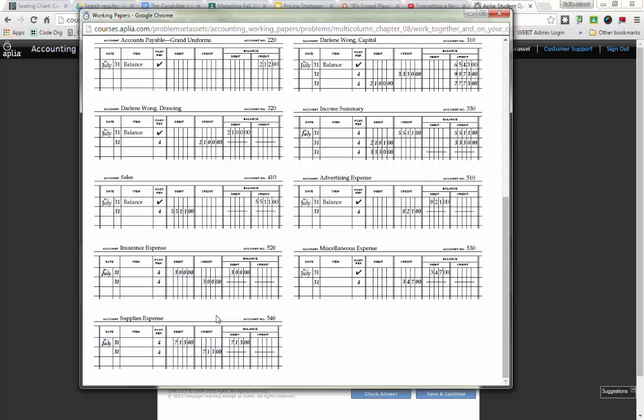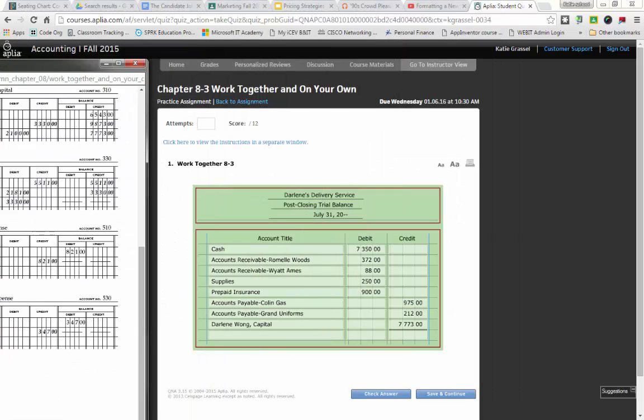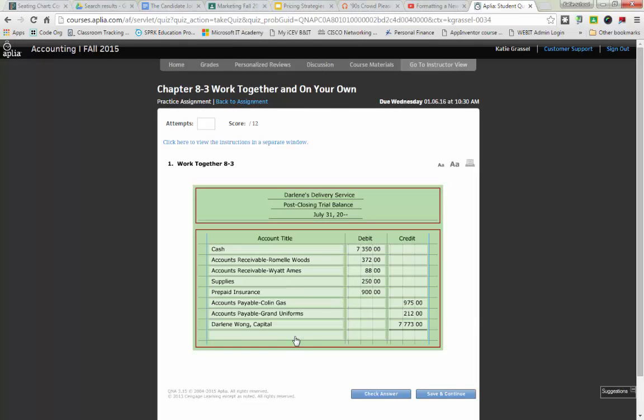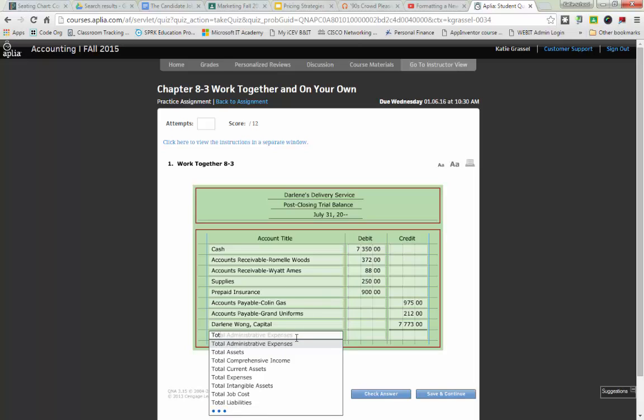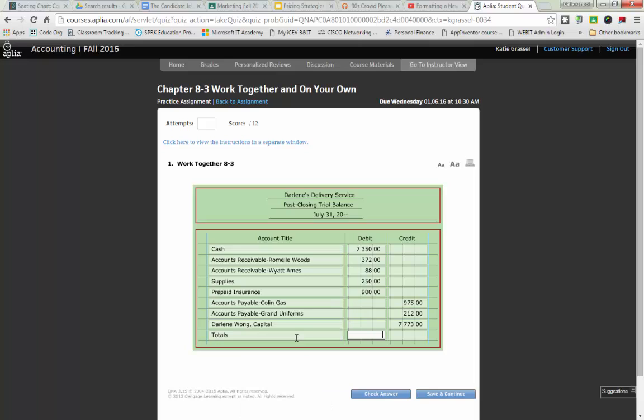Our temporary accounts are going to be our revenue and expense accounts and our contra owner's equity accounts. So after I have all my accounts here, on the very bottom, I'm going to write totals. And then I have to do my math and go through and add up my debits and credits. So you can take out your handy-dandy little calculator.